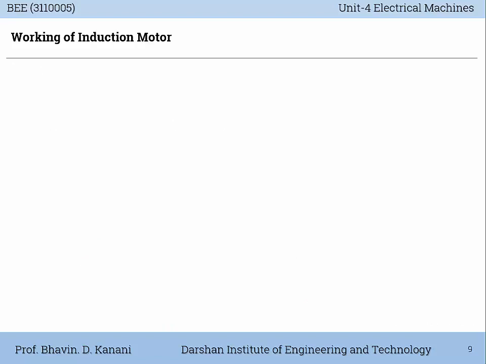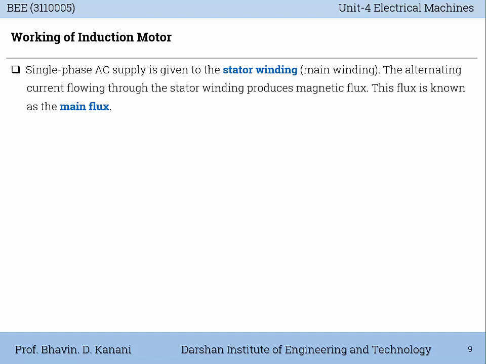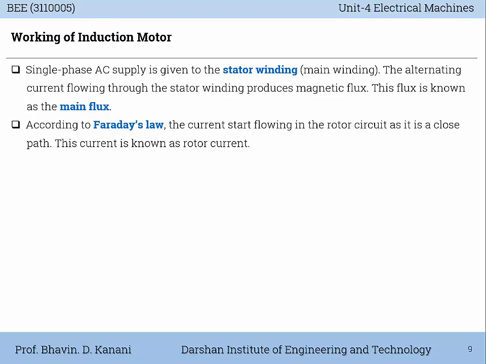Now, working of induction motor. Single phase AC supply is given to the stator winding, that means main winding. The alternating current flowing through the stator winding produces magnetic flux. This flux is known as main flux. According to Faraday's law, the current starts flowing in the rotor circuit as it is a closed path.